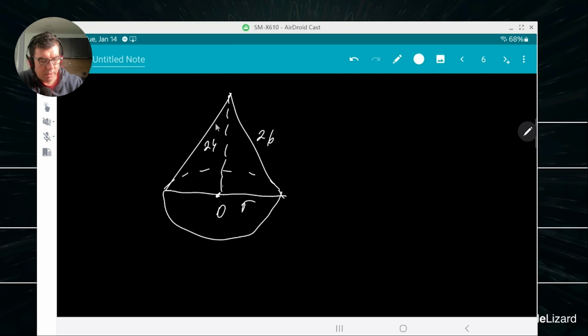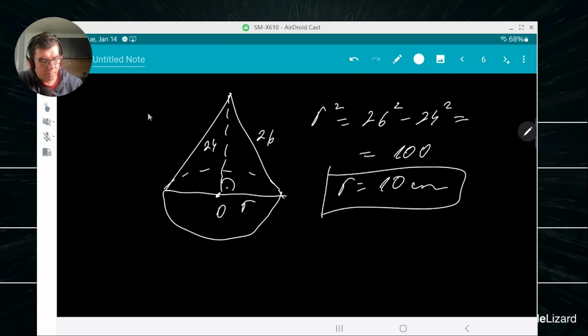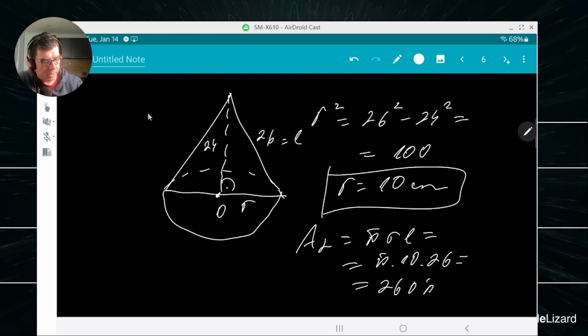Again, we calculate r with the help of the Pythagorean theorem. And then the lateral area is pi r L, 260 pi centimeters squared, and that's the answer.